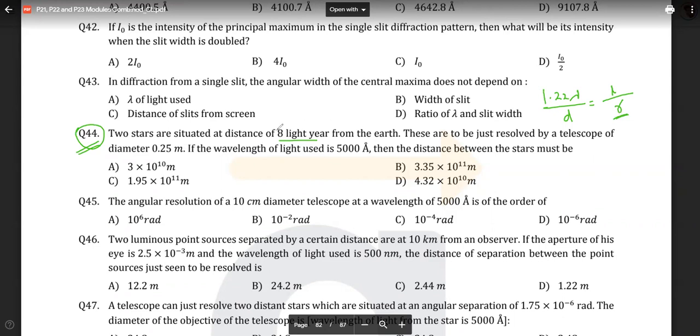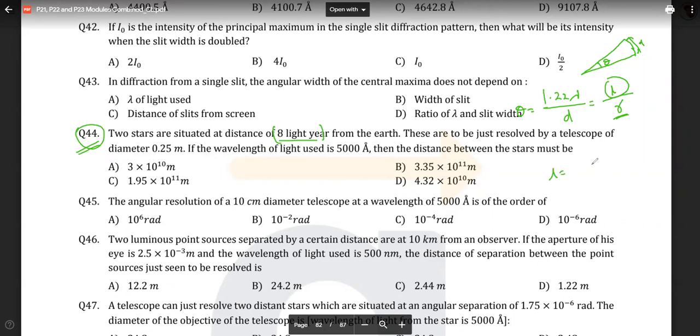This r is this, and this L we have to calculate, because this is the minimum distance from where two different objects are seen separately, and this is your theta. Theta is equal to L by R. This R is given as 8 light years, and this is given as 0.25. So can you calculate now?